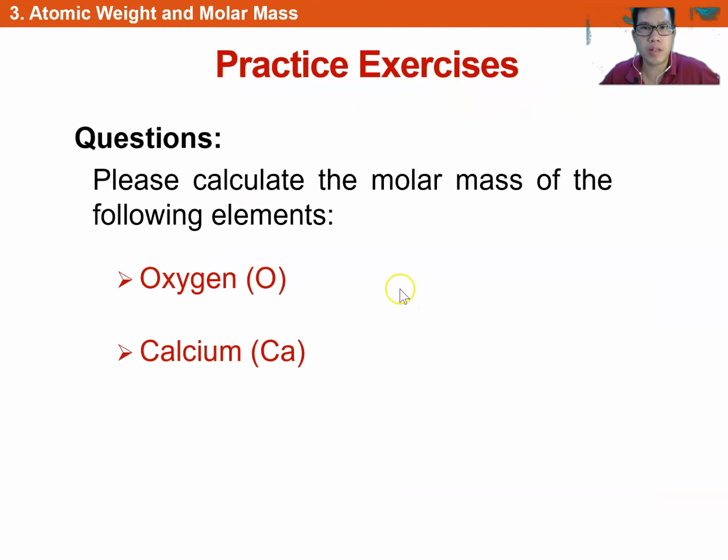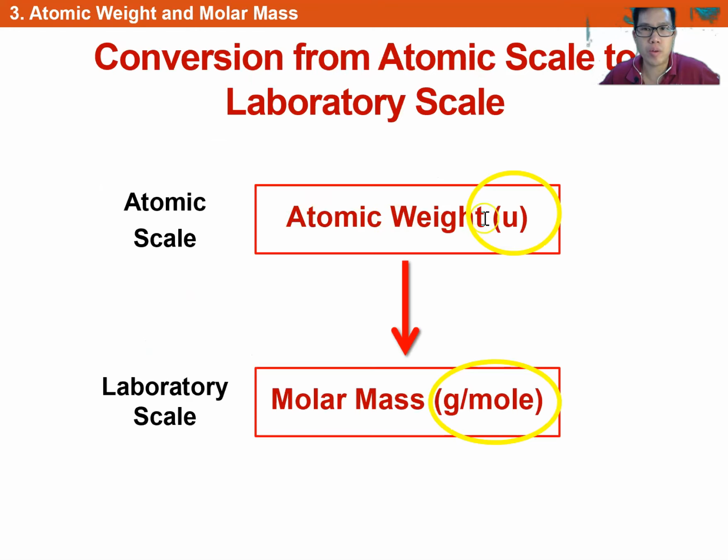Let's calculate the molar mass for the following elements. Just a recap: atomic weight is in U, and you can find this in the periodic table. You can directly convert that number into molar mass, which is grams per mole.